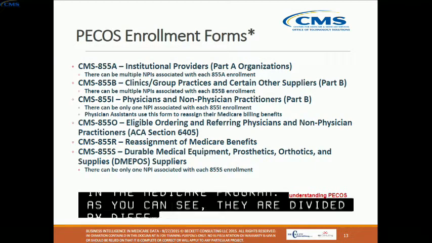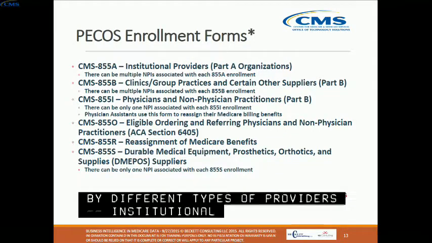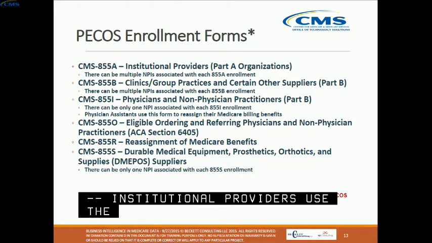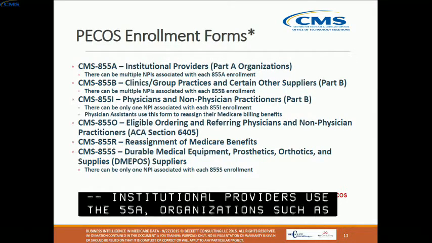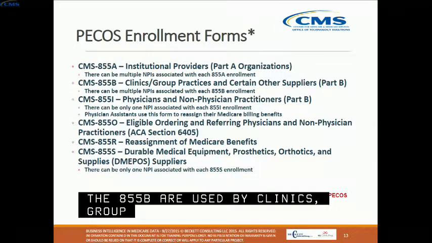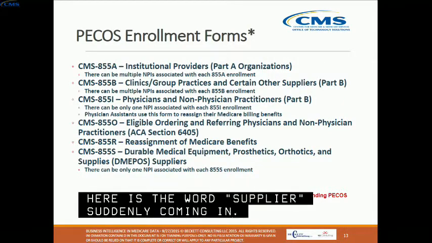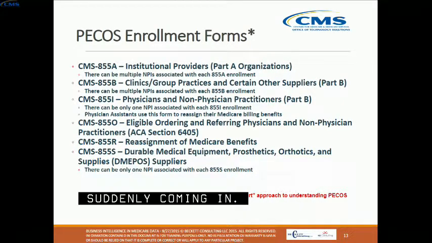Institutional providers use the 855A. These are organizations such as hospitals, typically. The 855B is used by clinics, group practices, and certain other suppliers. And here's the word supplier suddenly coming in to describe a provider. So again, I try to articulate some of the nuances in the terminology used.